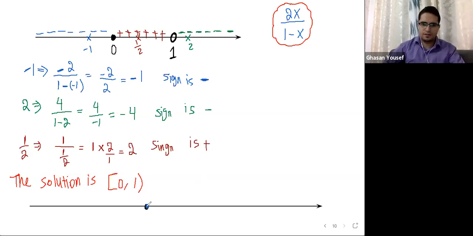So here is the 0, and this is the 1, open. And we have a line between the 0 and the 1, like this. Any question for this example?